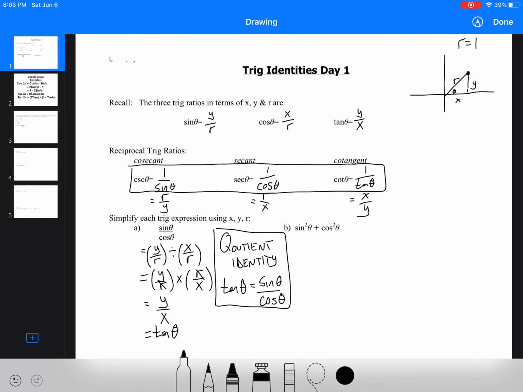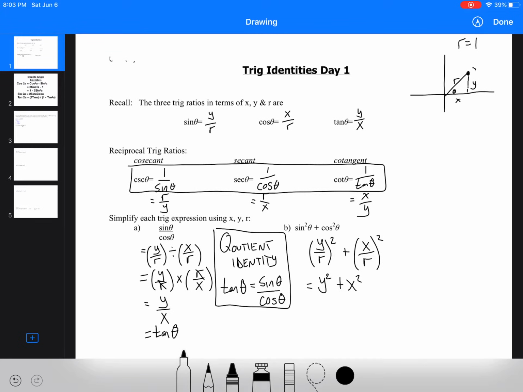Now, the next identity: sine is again y over r, squared, plus x over r, again squared. And we know that r is equal to 1, so this is y squared plus x squared, because we told you r was 1, we're talking about the unit circle.